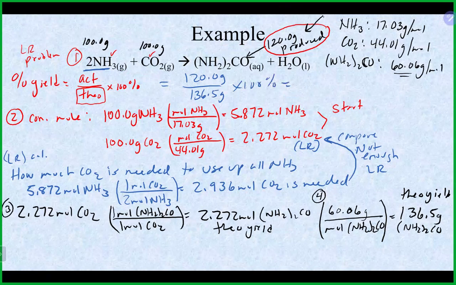And that's going to get us 120 divided by 136.5, about 87.91% yield. Not terrible, not the greatest, but not horrible, I suppose. Any questions on those steps there?